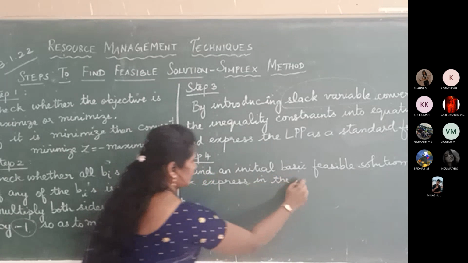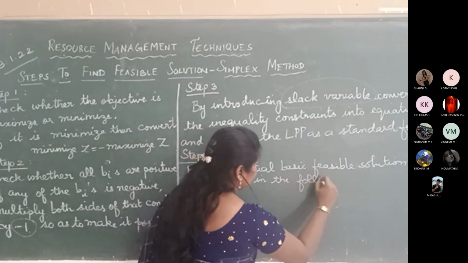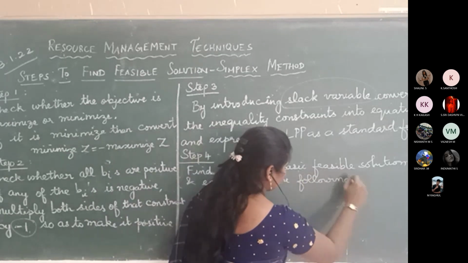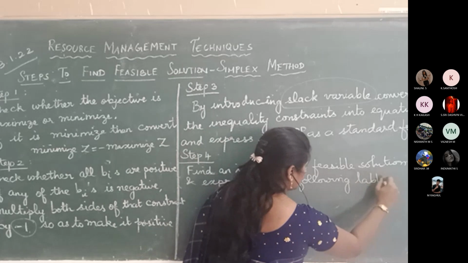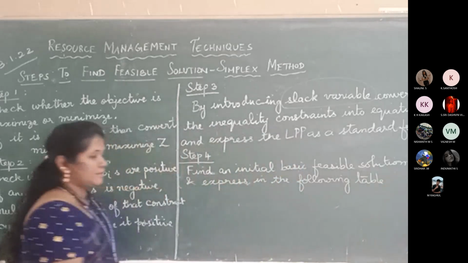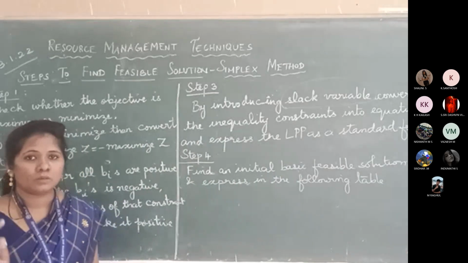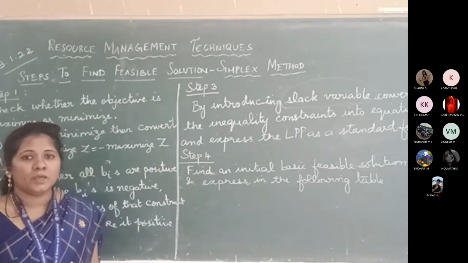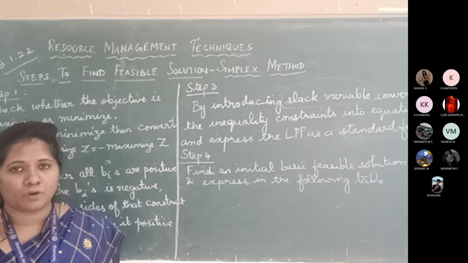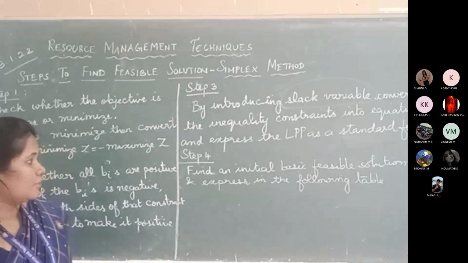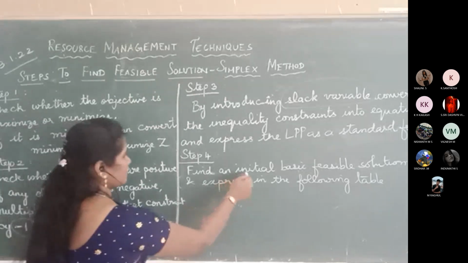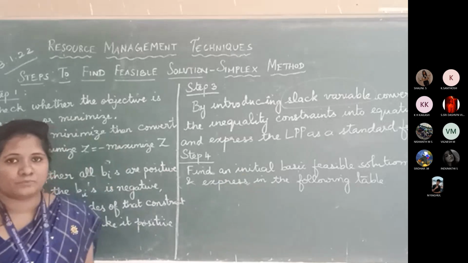That table I will do. This table format is very, very important. You have to understand what all must be there in the table. That only we will be using for all the problems. So you're going to find out your initial basic feasible solution. That will be your step 4.